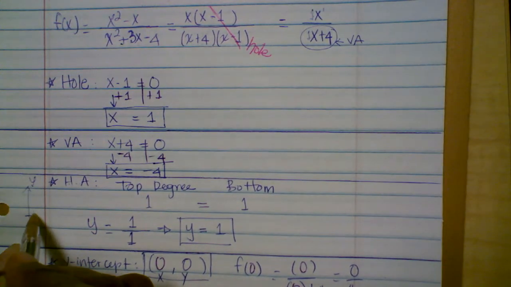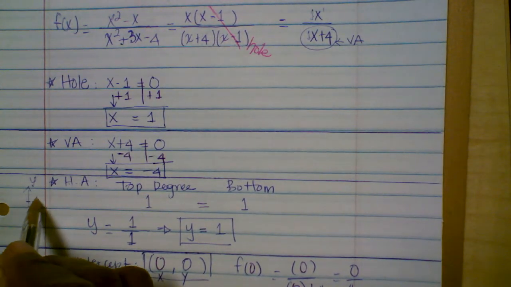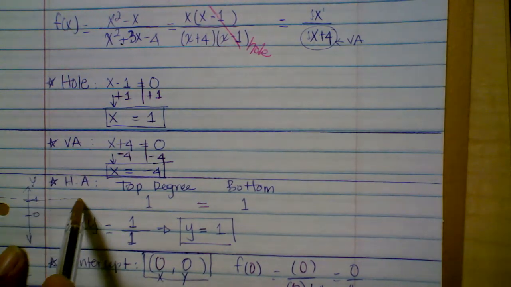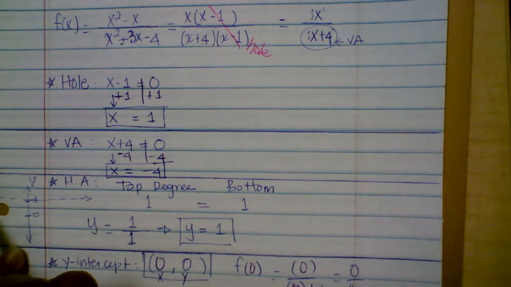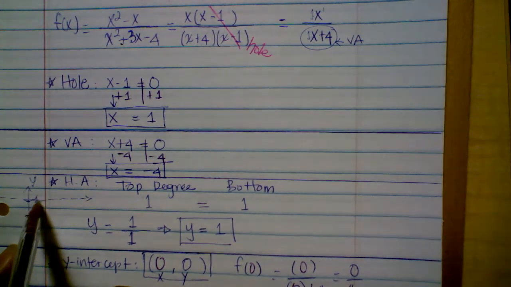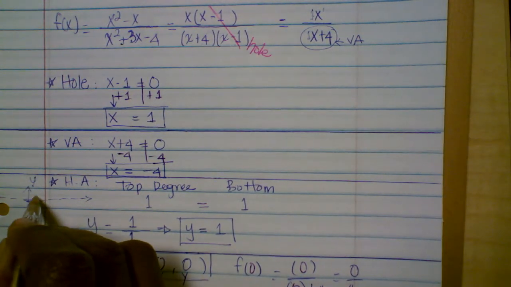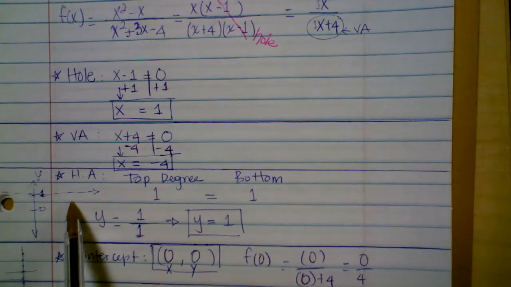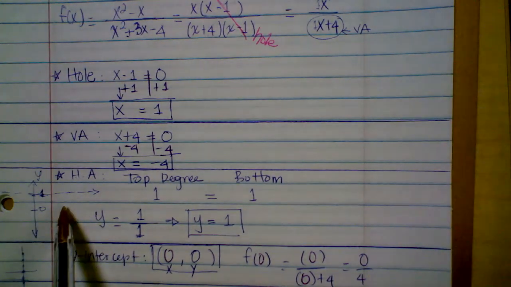Let's assume this is 0 and this is 1. So you have a horizontal line that passes the y-axis at 1. What we notice about the horizontal asymptote is that the rational function approaches it but never crosses over it.